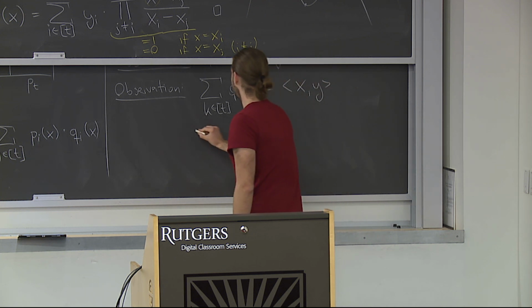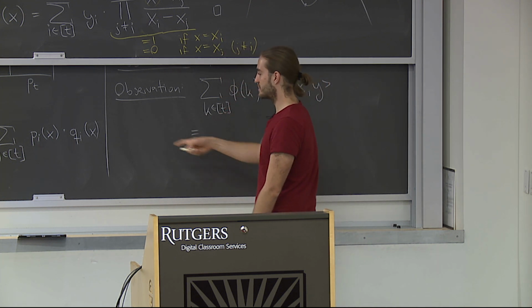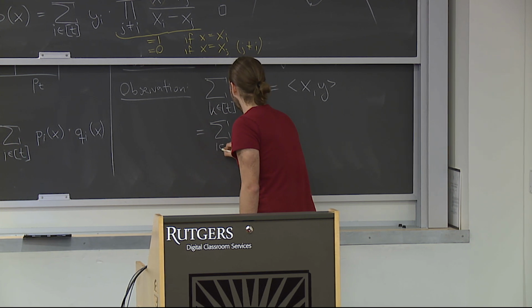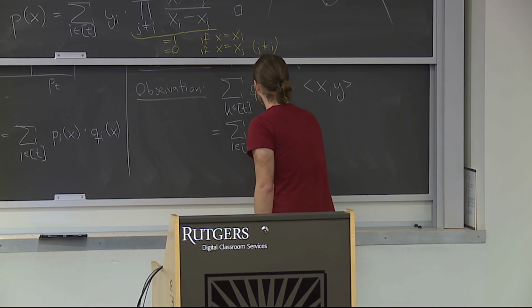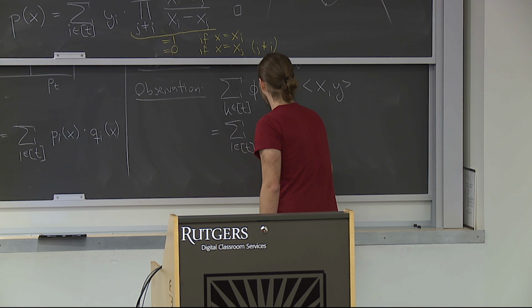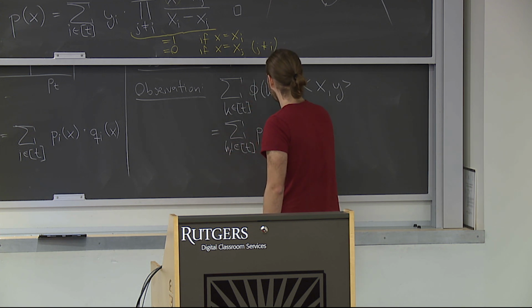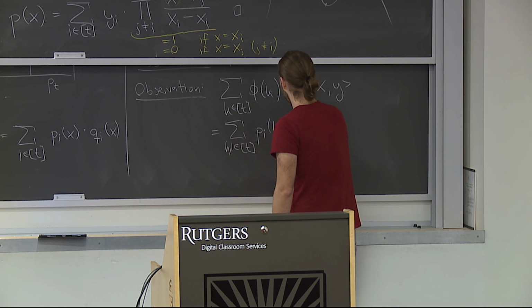Let's verify, just very quickly. By definition, this is, sorry, we sum over all k's and all i's the product of p_i of k times q_i of k.